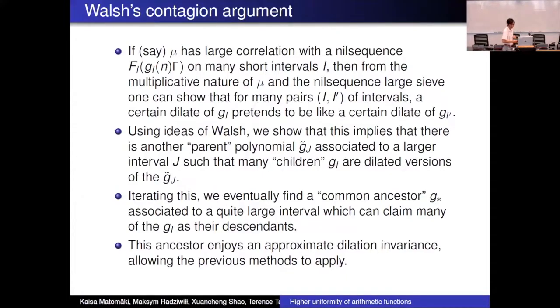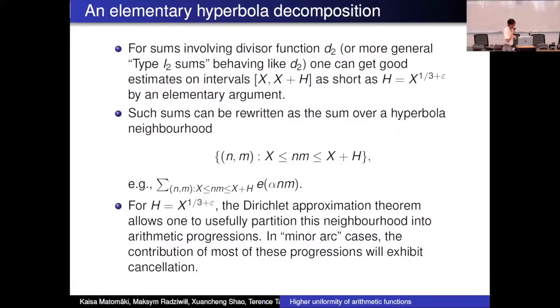And then the final thing I wanted to say is that to get down to x^{1/3} for d_2, we initially used all kinds of fancy things, the Kuznetsov formula, automorphic forms, and a really weird version of van der Corput and so forth. But strangely enough, for d_2 the most elementary methods work the best.